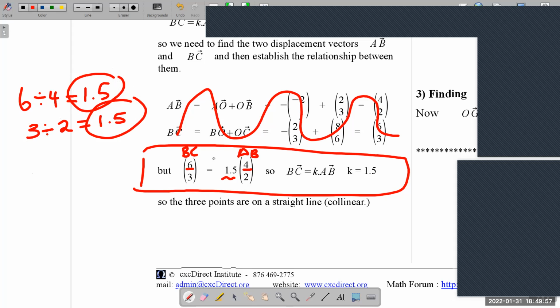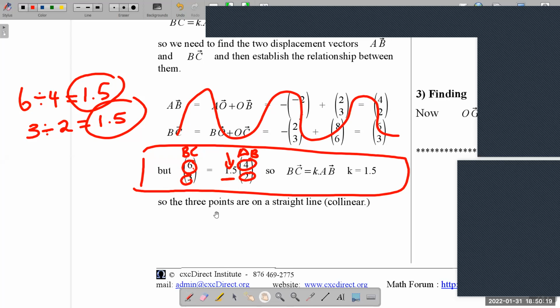That in this case, they are parallel, but it is not as obvious. Everybody see that? And how do you check? Divide these 2 numbers by each other and see if the answer you get for both the X and the Y is the same. If they are the same, that is your K. Everybody following me?